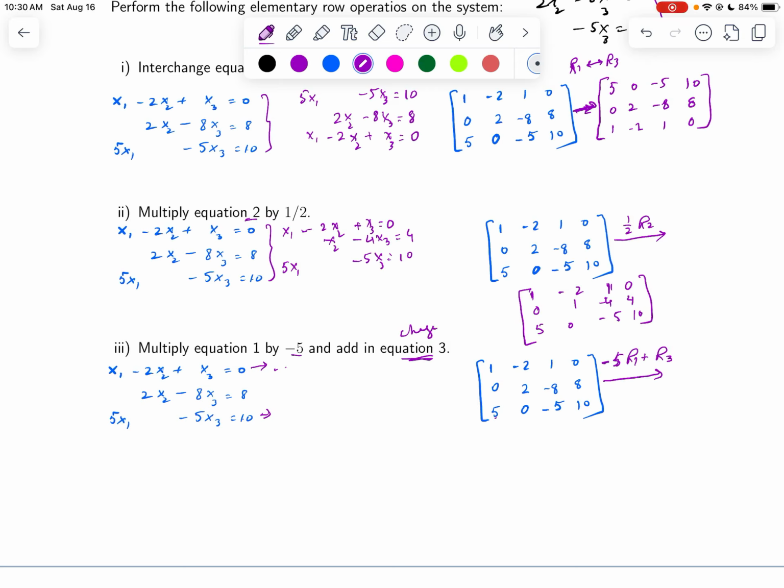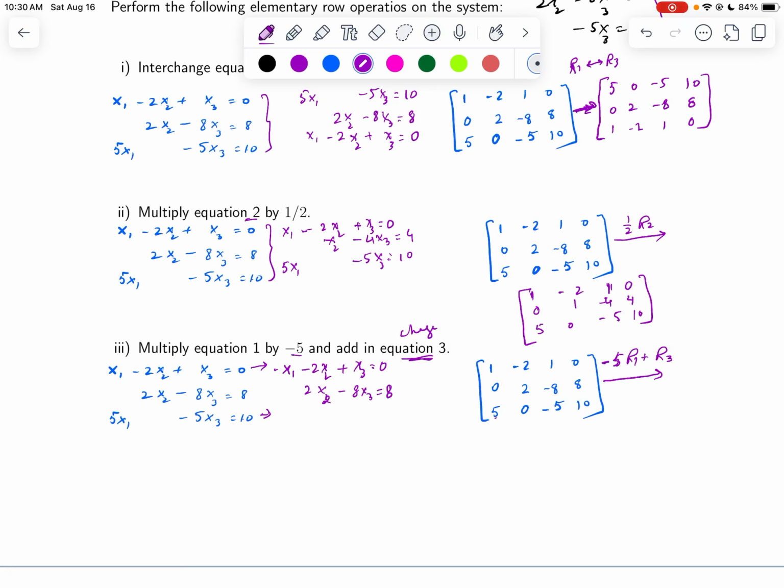So we'll keep our first equation as it is. Second equation as it is. What happens to the third equation?